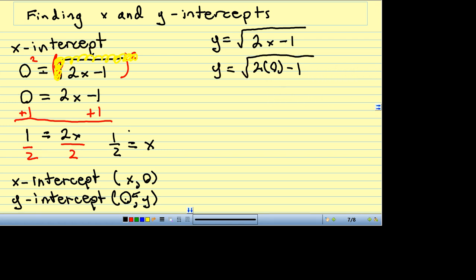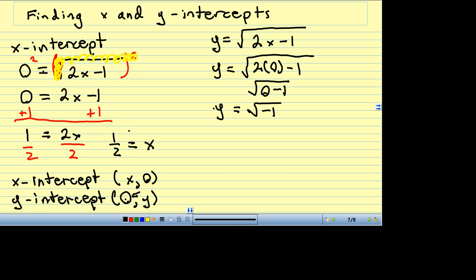So I've got 2 times 0 minus 1, which right here, 2 times 0 is 0, minus 1. Put it under a square root. 0 minus 1 is negative 1. And don't forget, it's y equals. Now, here's the thing. What do you mean y equals square root of negative 1?